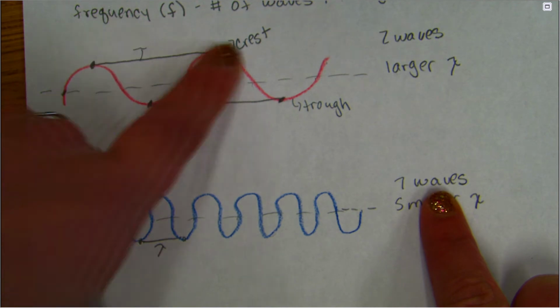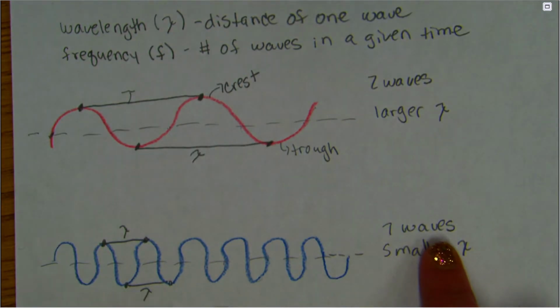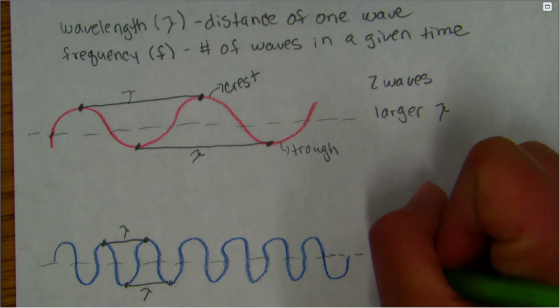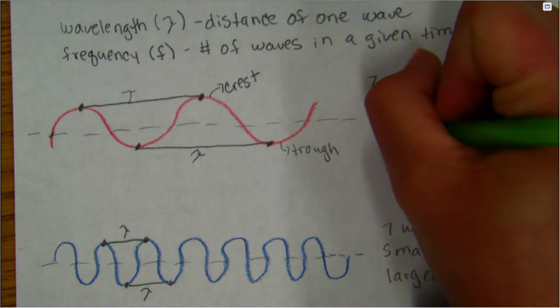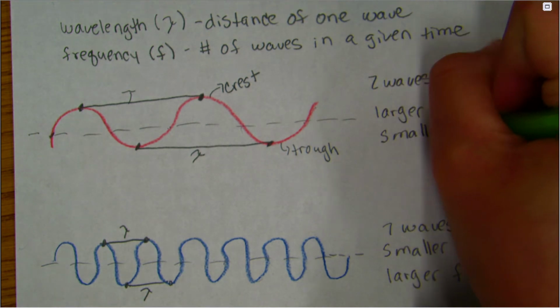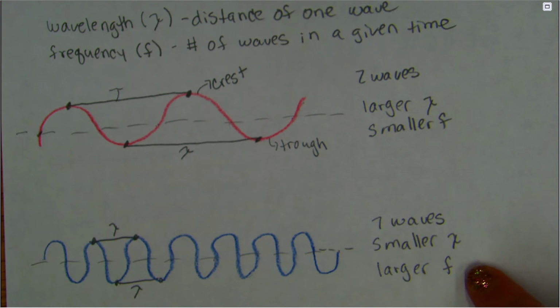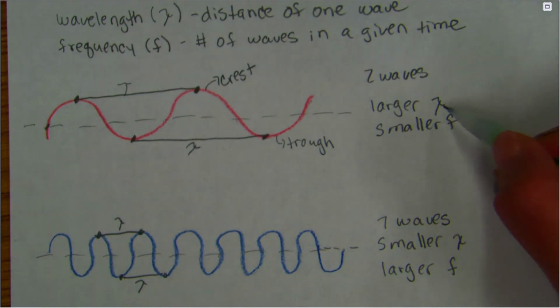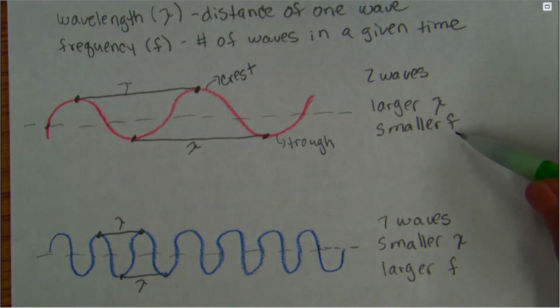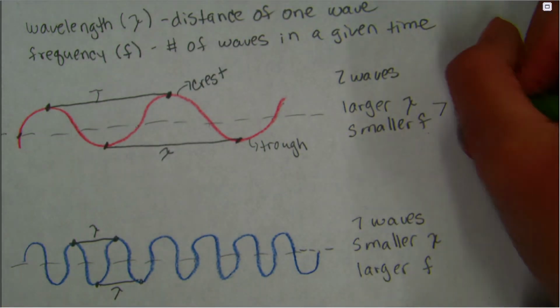So the frequency, how many waves we have, the frequency of the blue is larger than that of the red. So we put red has a smaller frequency, blue has a larger frequency. So what does this show us? A larger wavelength has a smaller frequency. That is an inverse relationship.